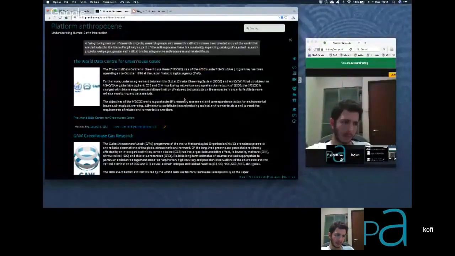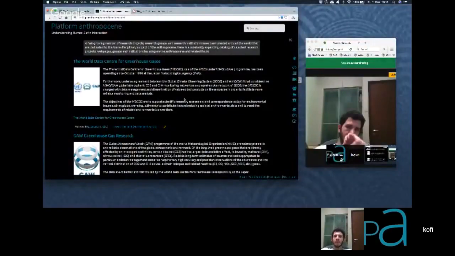Exactly. It's like reading the newspaper, but about a specific topic, following a specific topic. And I think this way we enter more into real journalistic effort.